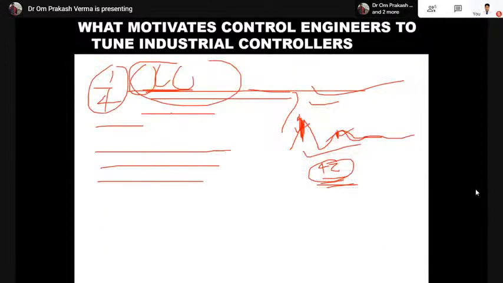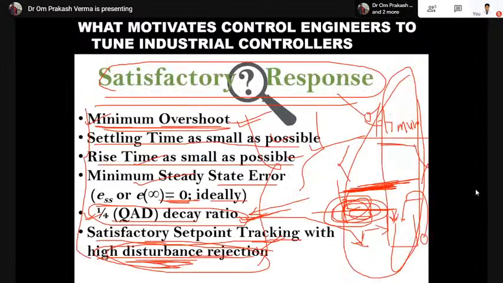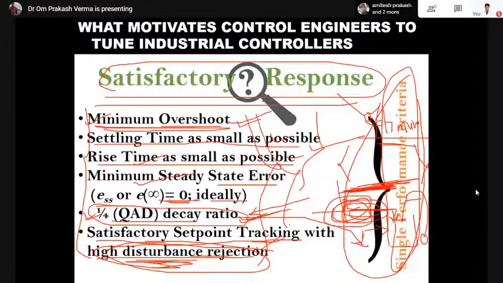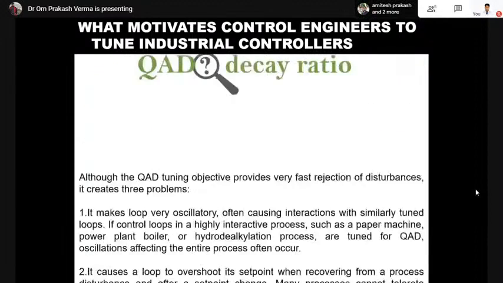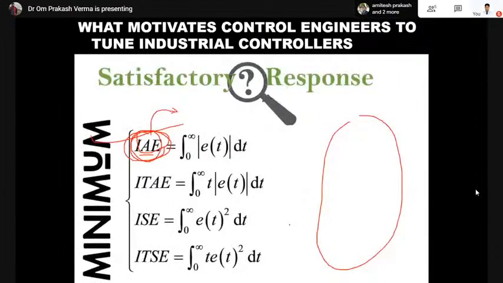If you minimize this one, all these parameters are involved in one line and one word. You can say that is the IAE, ITAE, ISE, ITSE. As per your desired problem, you can optimize this. If you are able to optimize this equation, then based on that you get the satisfactory response.